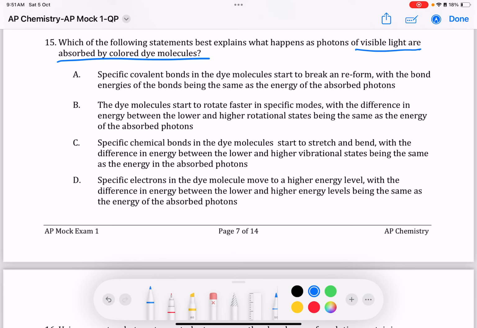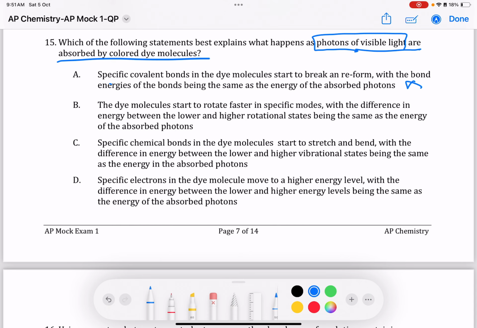So the photons of visible light, so this is the light that we see, are absorbed by a colored dye molecule. Specific covalent bonds in the dye molecules start to break and reform with the bond energies of the bonds being the same energy. This is completely nonsense.